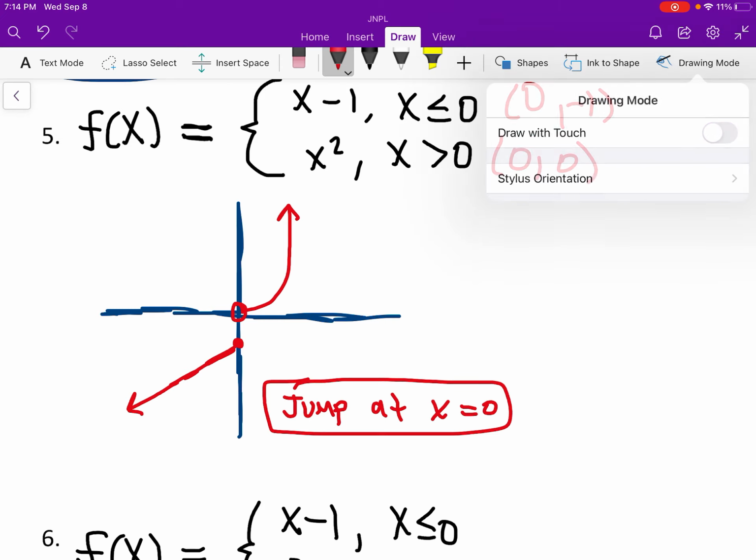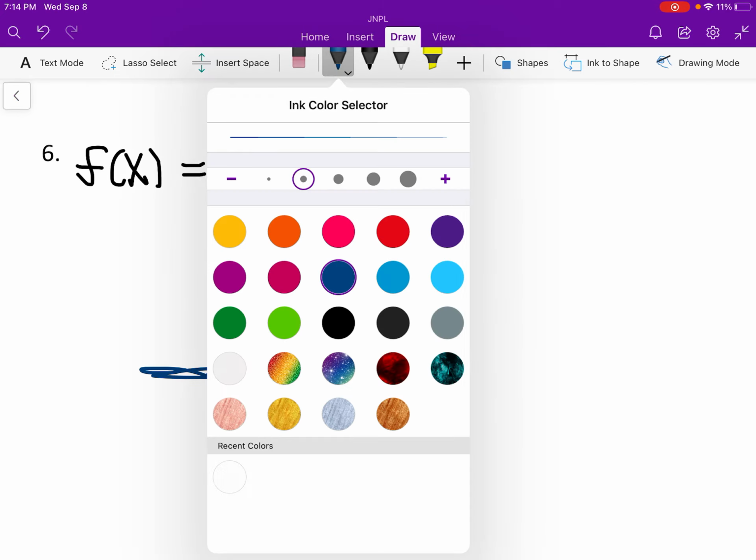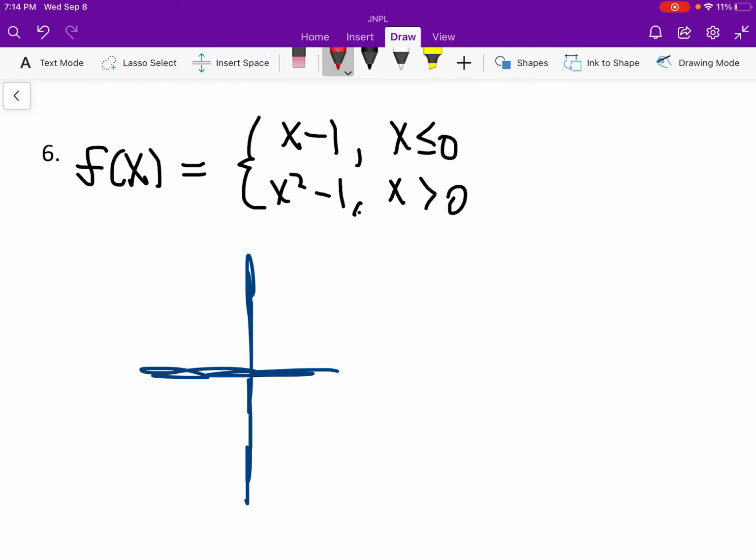So now, number 6, let's look at this. This time we have another piecewise function that we'll need to graph. Now that I showed you how to do it, I'll go a little bit faster with this one. So 0, negative 1 would be the point. For this one, 0, negative 1 would also be the point.